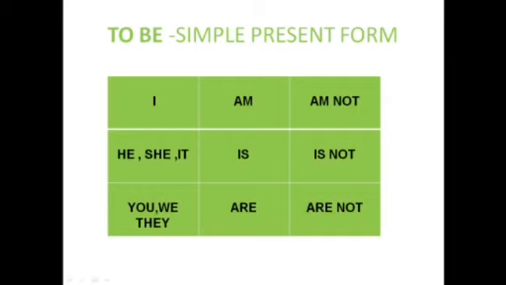When you talk about the subjects he, she, or it, you should use is in case of a positive sentence and is not in a negative sentence. And when you talk about you, we, or they as a subject, you should use are in case of a positive sentence and are not in case of a negative sentence.